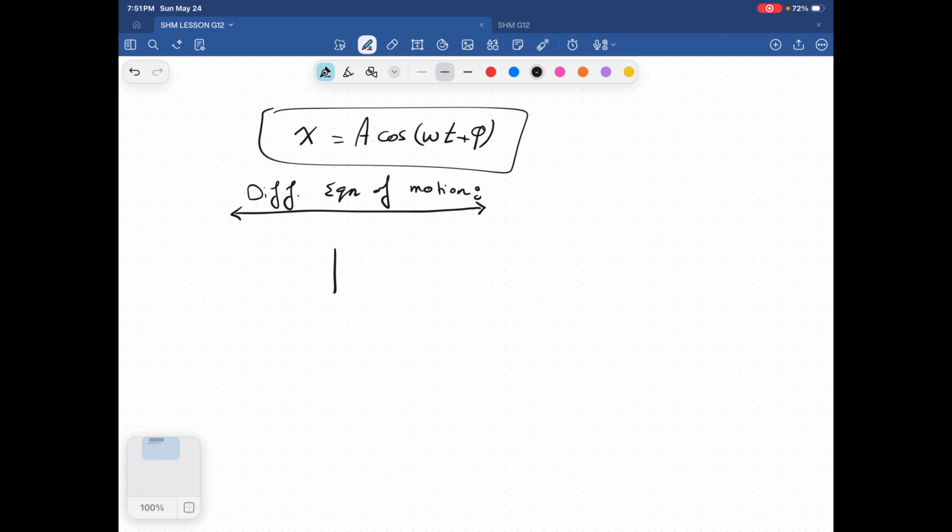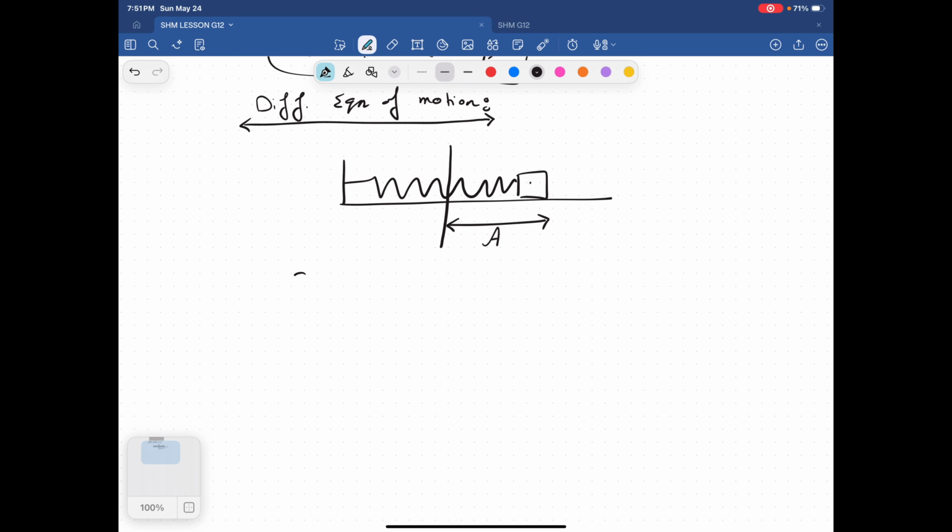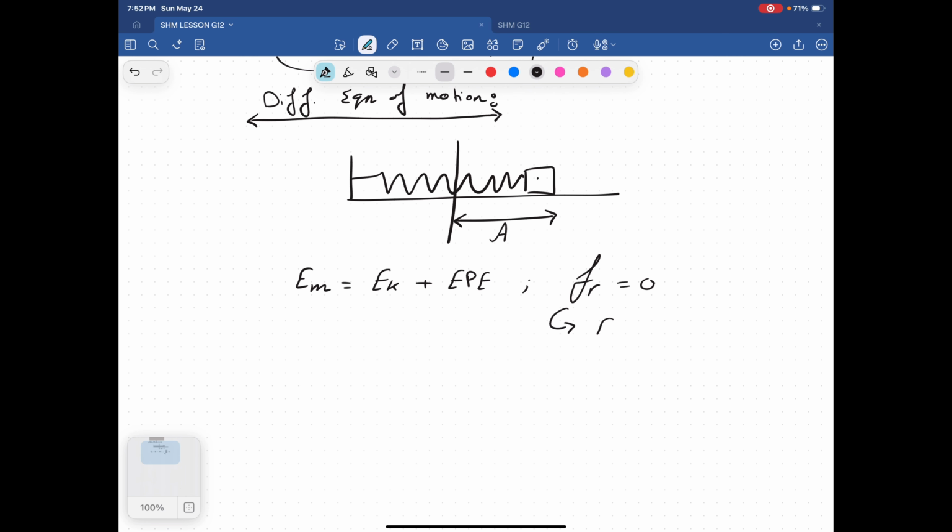First of all, let us take a certain pendulum shifted from its equilibrium position a distance a. We know that the mechanical energy of this pendulum is represented as the kinetic energy plus the elastic potential energy. We also know that this is undamped, and so the damping is equal to 0. Thus, the mechanical energy is conserved. The mechanical energy is equal to a constant.